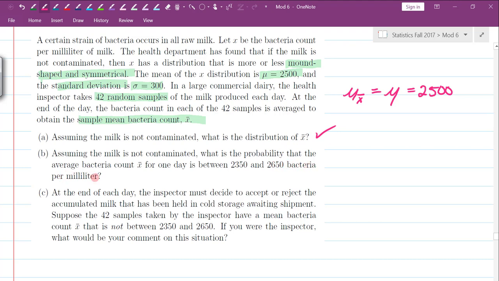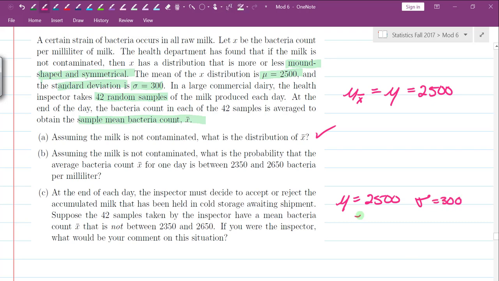What's the probability that our average of the 42 samples taken that one day is between 2,350 and 2,650? So I'm going to write down here that mu is equal to 2,500, sigma is equal to 300, and n is equal to 42.